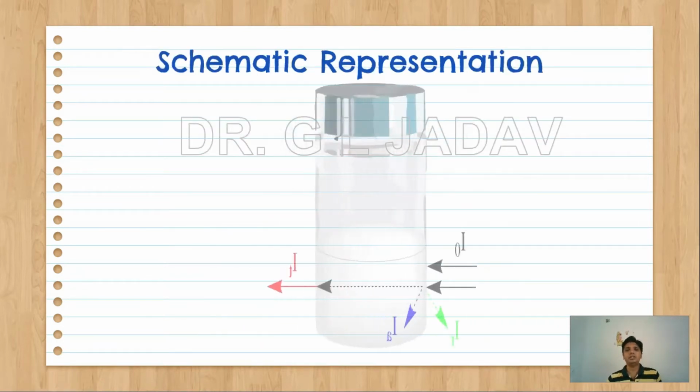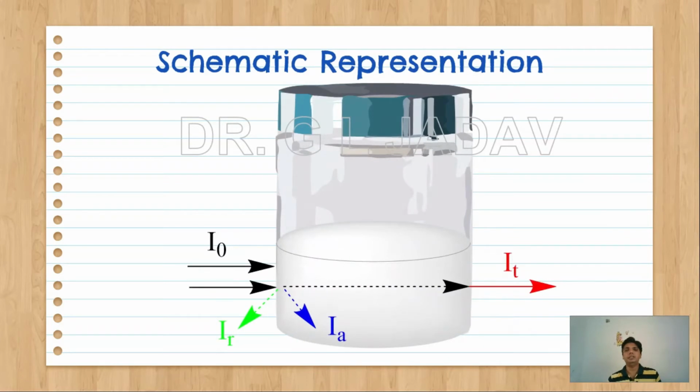Let us look at the schematic representation for better understanding. Here, this is I0, which is nothing but the incident light. Here you can see the black dotted line going through and being transmitted.